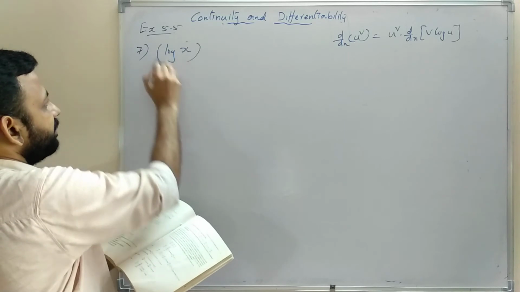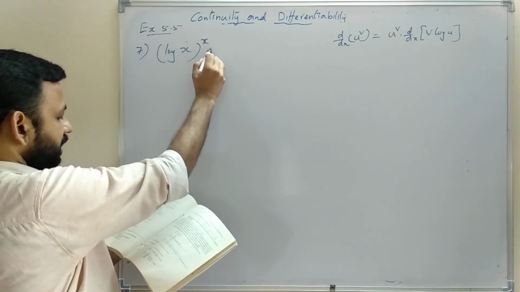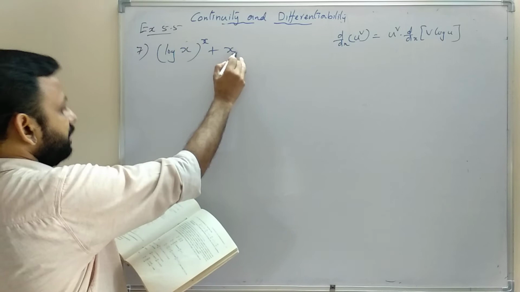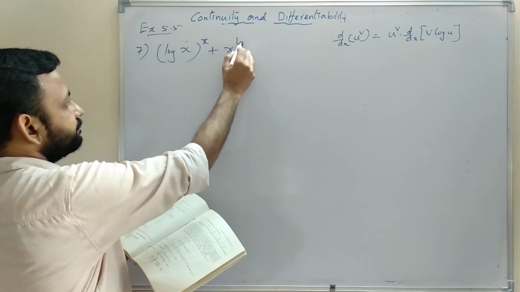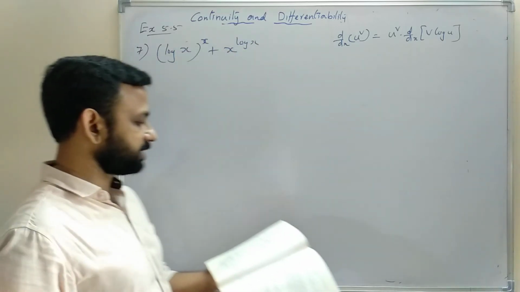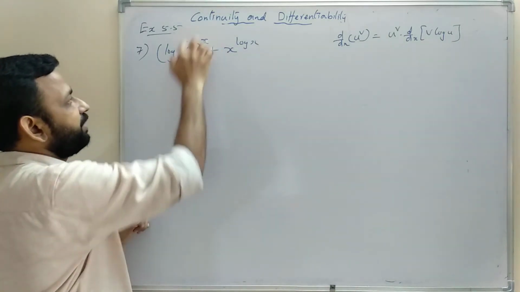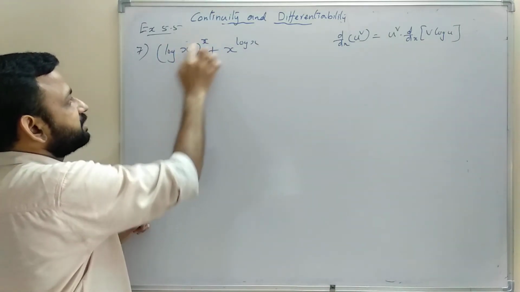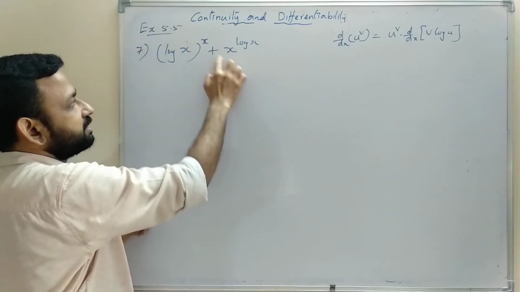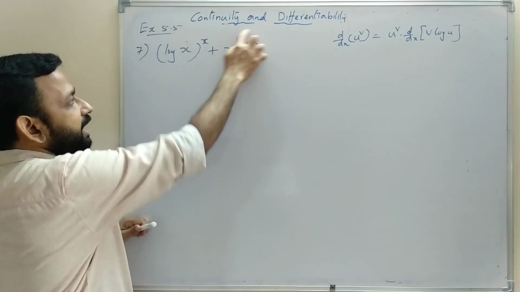Log x raised to the power x plus x log x. So here u raised to v form, function in x, and this is also function in x, and here also.